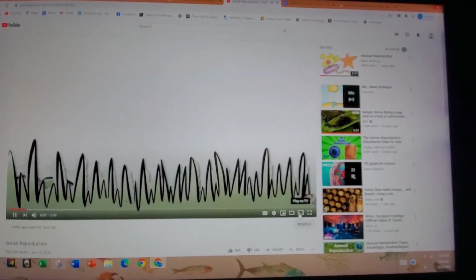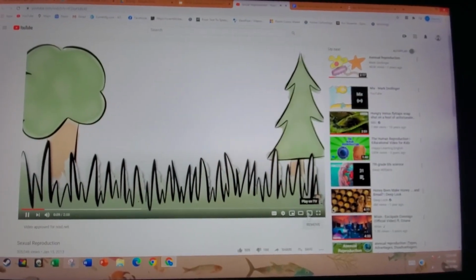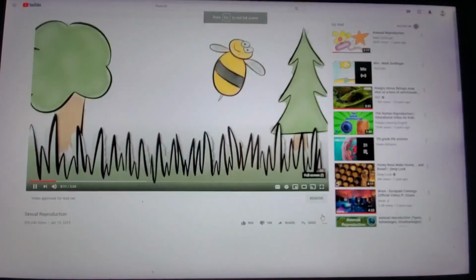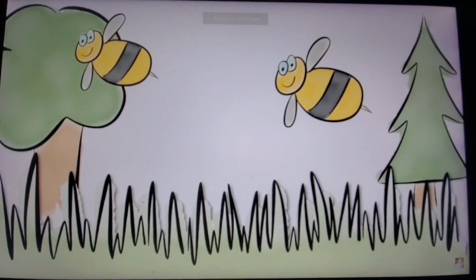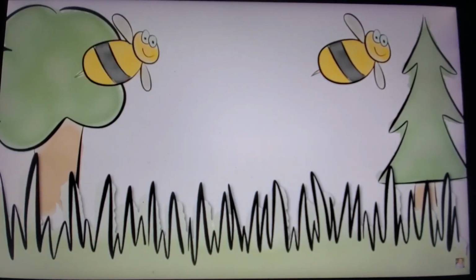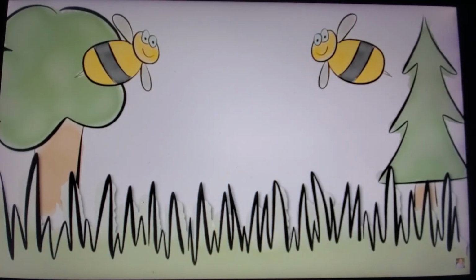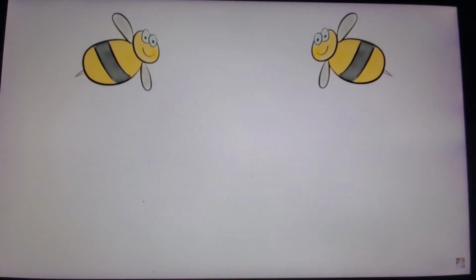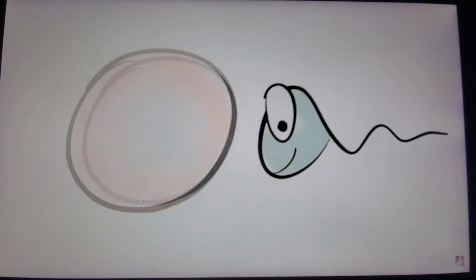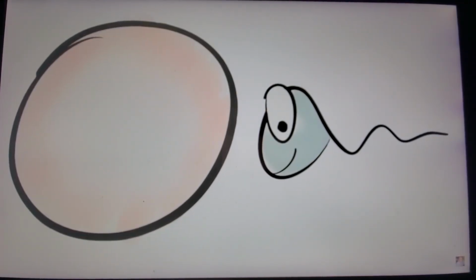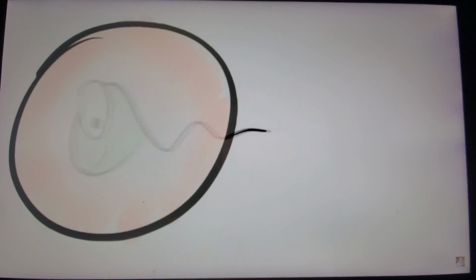The goal of many animals is to live long enough to reproduce and pass their genes onto their offspring. To ensure their genes are passed on for generations, almost all animals go through the process of sexual reproduction. Sexual reproduction is when a male and female sex cell come together to create a unique organism.